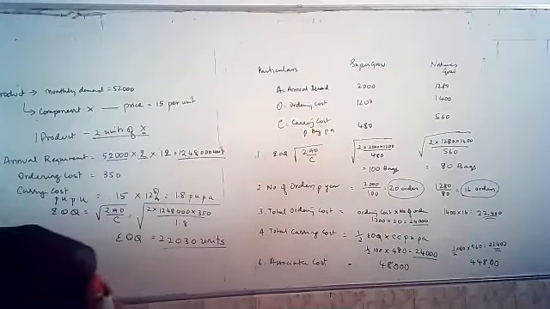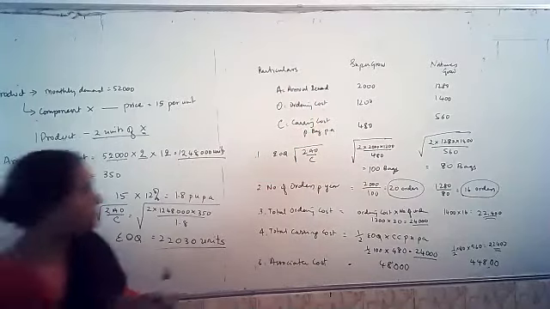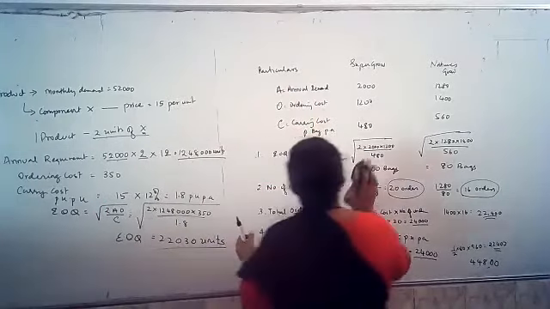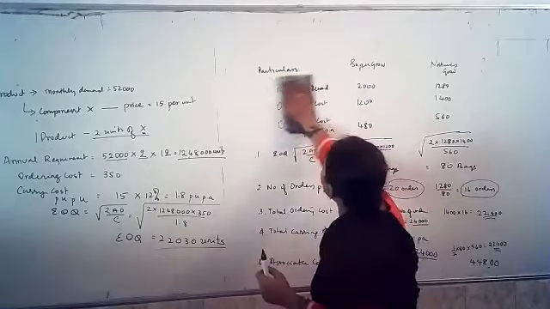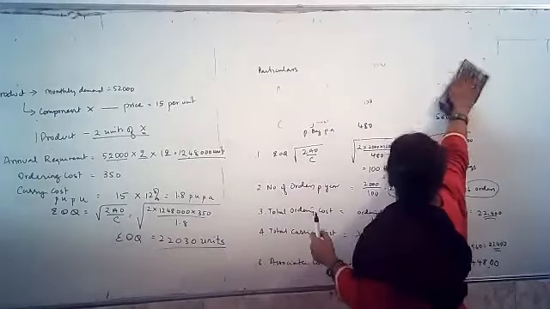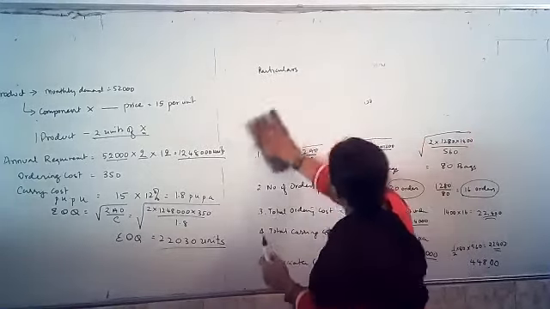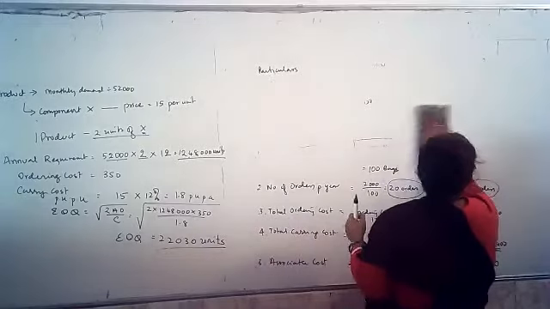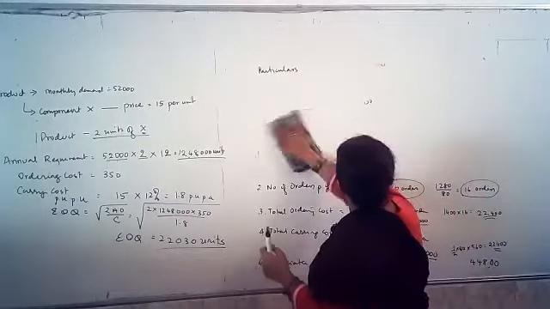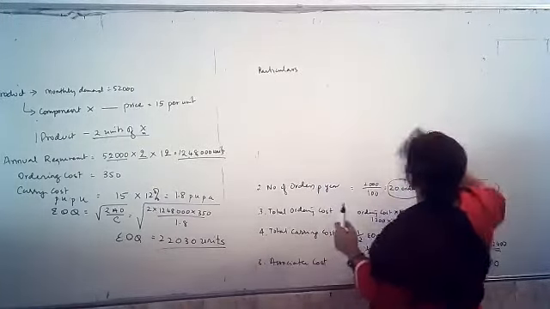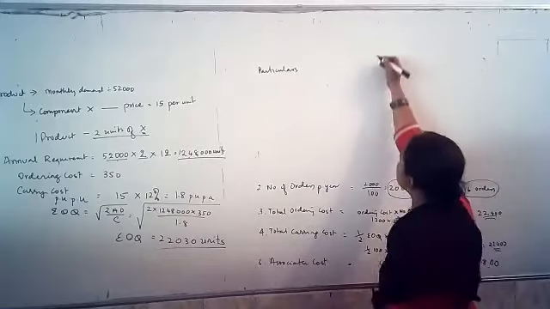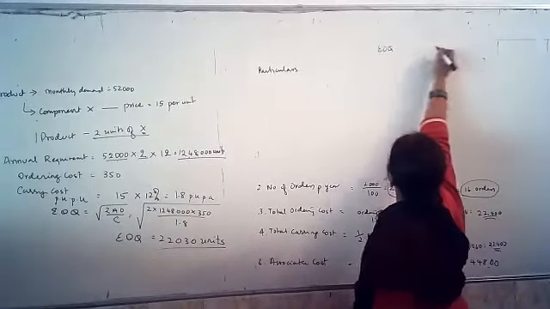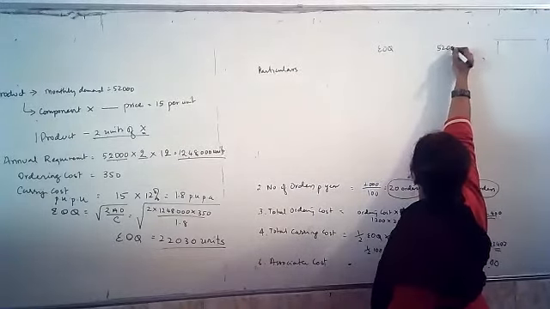So let's have a table now for both of them, for EOQ and 52,000 units. One is for EOQ, the second one is for 52,000 units.